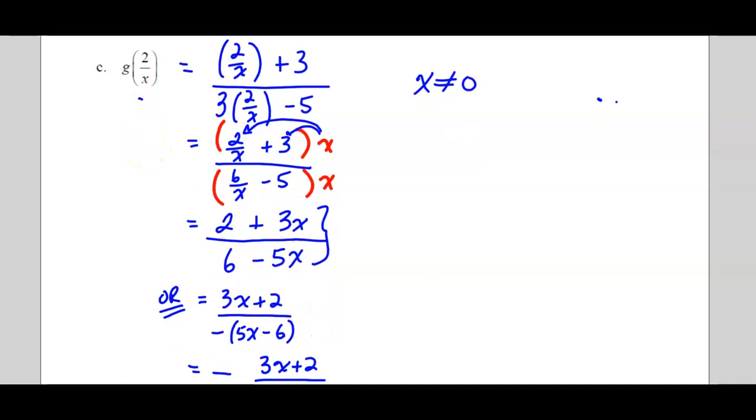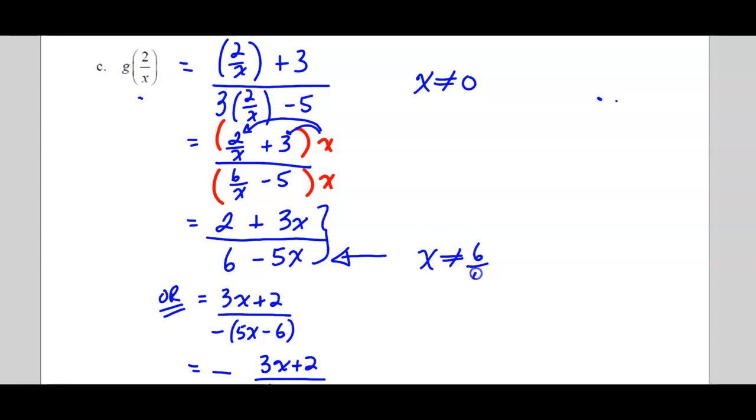And then, of course, at the end, you might look there. If you factored, it's a little bit easier. Whatever makes this 0. So x cannot be 6 over 5. So there's 2 non-permissible values, or 2 restrictions. Okay, and you can list them. So here, if I didn't show that up top, I might just show it like that.